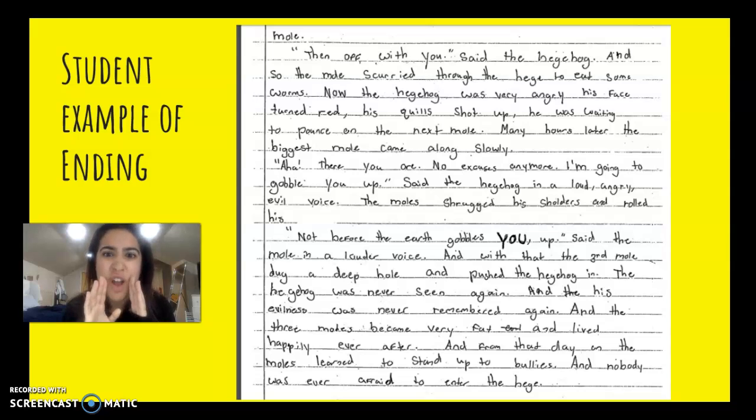3 billy goats gruff. "Aha! There you are! No excuses anymore. I'm going to gobble you up," said the hedgehog in a loud, angry, evil voice. The mole shrugged his shoulders and rolled his eyes. "Not before the earth gobbles you up," said the mole in a louder voice.